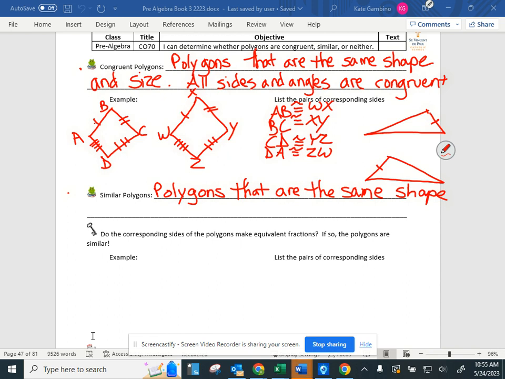No, the flips and turns, it's still identical for congruent. Doesn't matter if we have to flip or turn it. Similar polygons are polygons that are the same shape but different size.